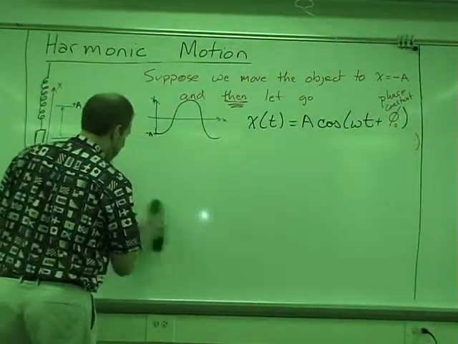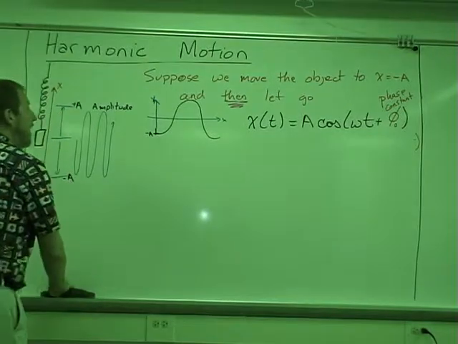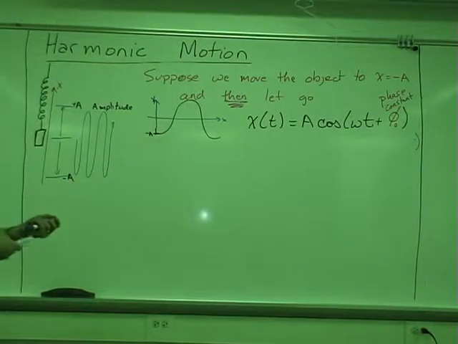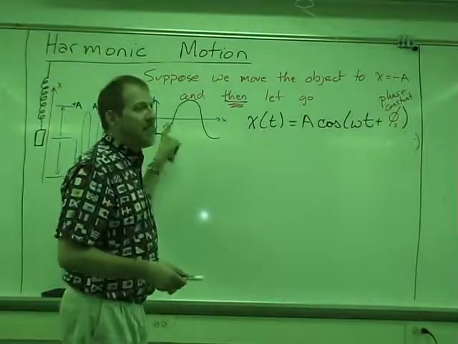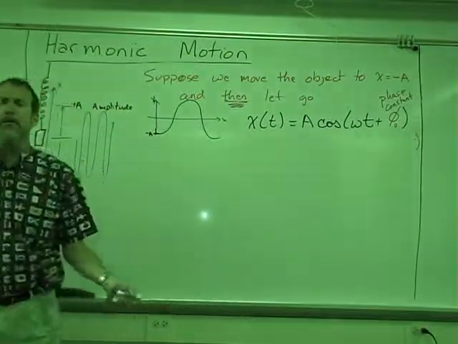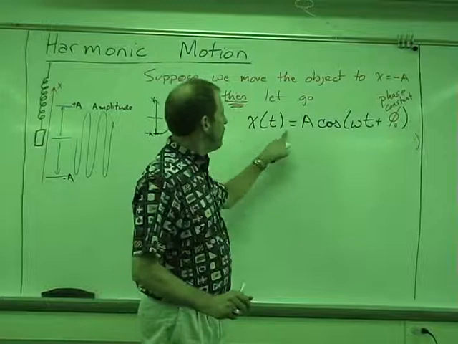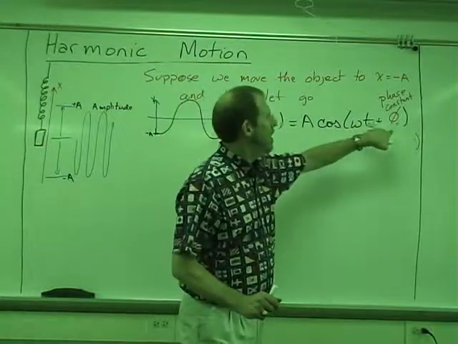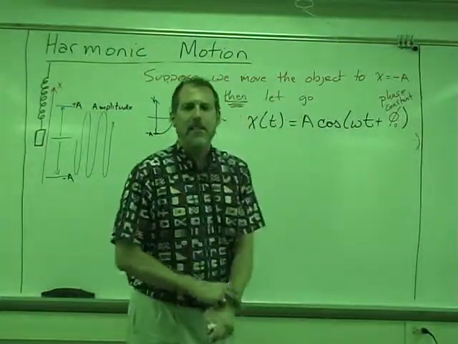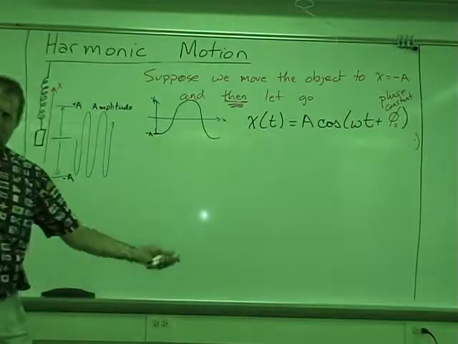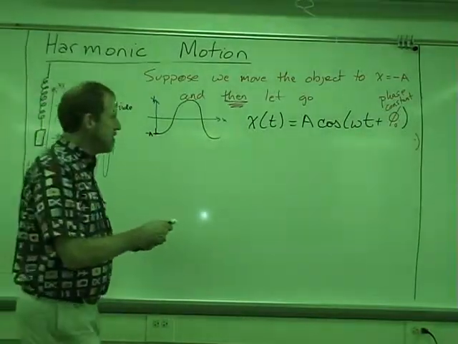What I know is that in this case, if this is acting like a cosine wave, no matter where it starts, I can track it as displacement is equal to A cosine omega t plus some phase constant. Well, what is that phase constant?